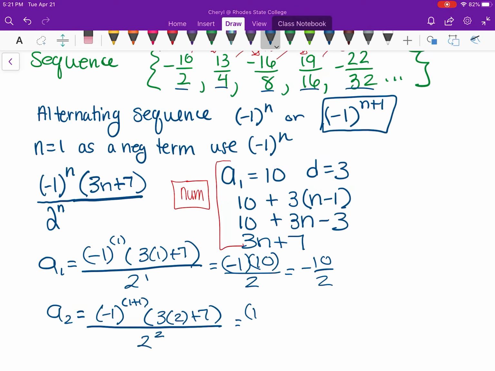Negative 1 to the second power is negative 1 times negative 1, which gives me a positive 1. Then I have 3 times 2 is 6, plus 7 is 13. And then 2 squared on the bottom gives me 4. So on top I have 13 times 1, which is 13 over 4, and that's positive.